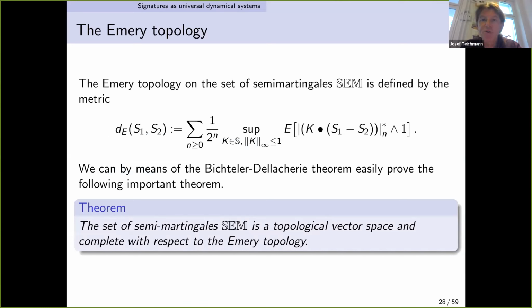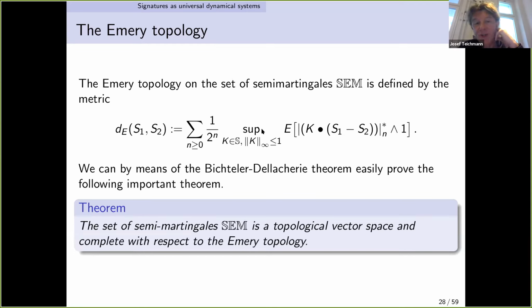Now one can introduce on the set of semi-martingales a topology. This is the so-called Emery topology, named after Michel Emery, who is still an actively working stochastic analyst in Strasbourg. And you are not only taking the running maximum of S1 minus S2, but you also take it for all possible stochastic integrals with bounded integrands.